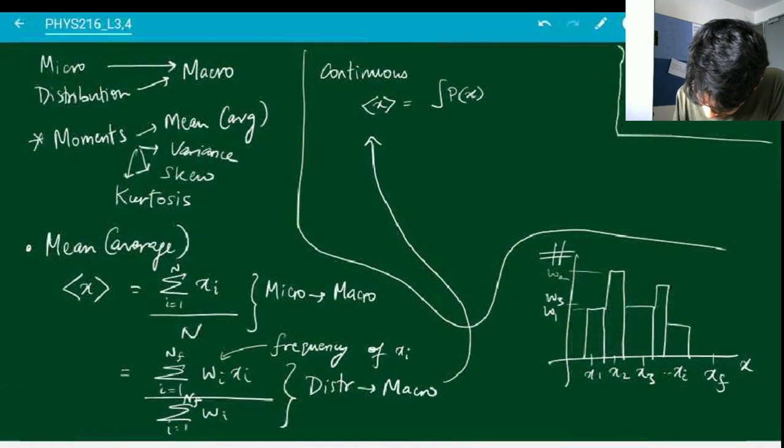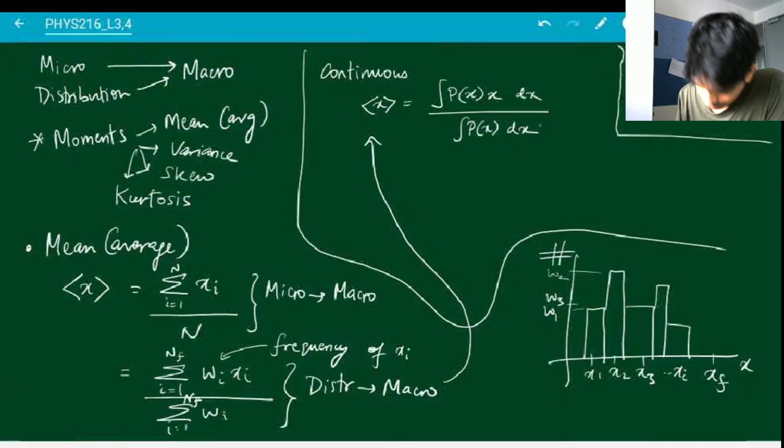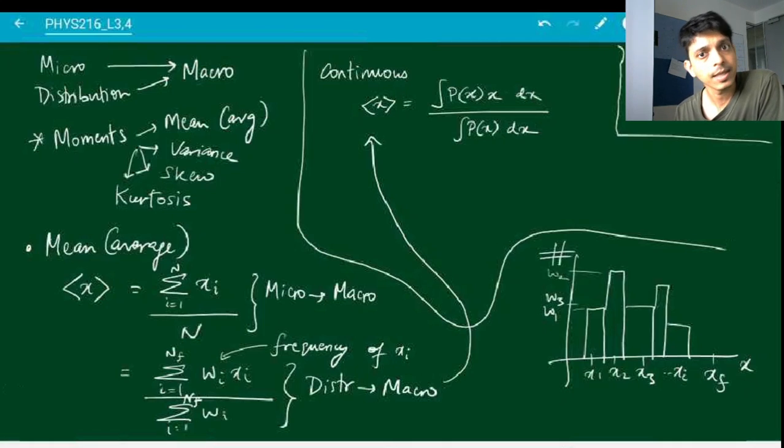So integral of p(x) x divided by, in the denominator, just the integral of p(x). Exactly that: w becomes p, xi becomes x, and the sum becomes an integral. So this is what you do when you have a continuous variable.